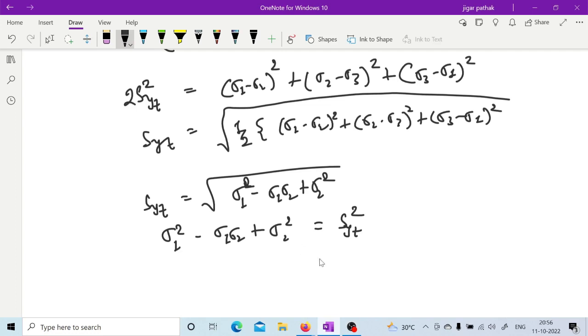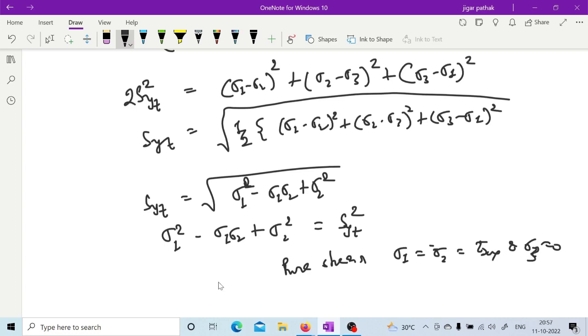If you consider pure shear, then as you know, sigma 1 is equal to minus sigma 2 is equal to tau xy, and sigma 3 is 0.